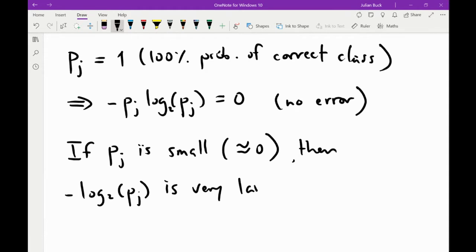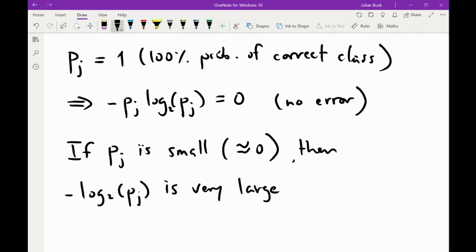So the idea here is if we have a positive number close to 0, its base 2 logarithm is a large negative number. That's simply how logarithms behave. So the negative of that is a large positive number. And then it gets multiplied by pj, but even though pj is small, it's much less consequential than the logarithm being large, right? So the whole idea is that logarithms grow much faster than just the values of the p's themselves.